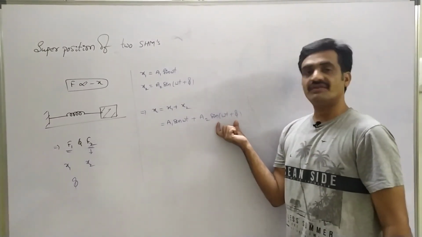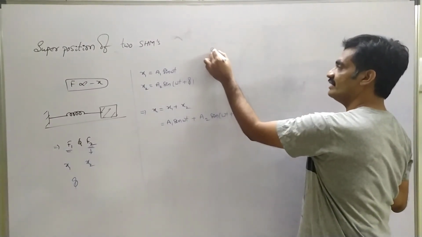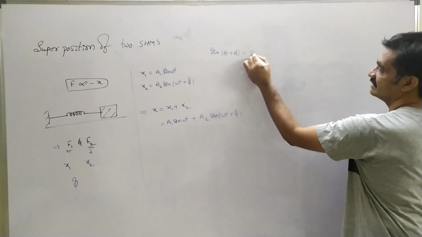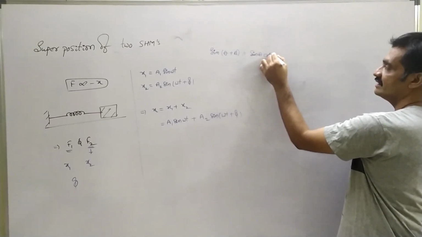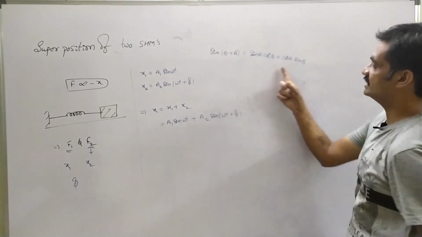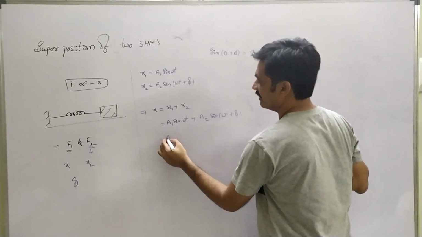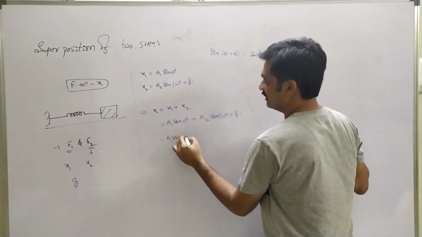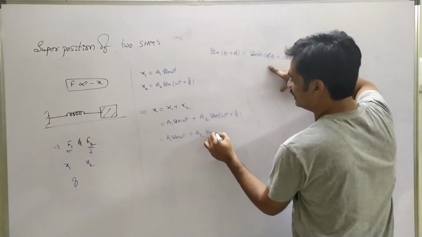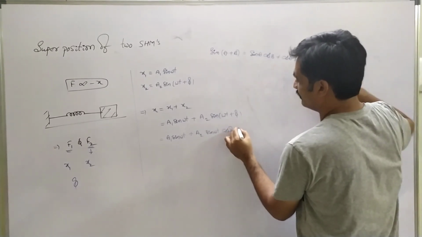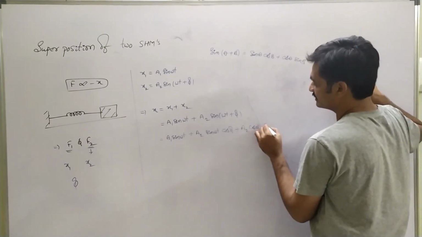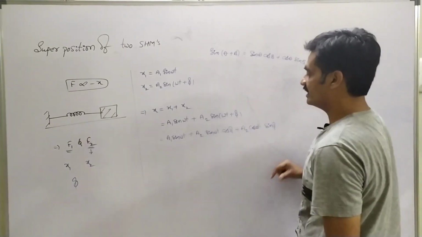Observe that x2 is in the form sin(a plus b), and we know that sin(a plus b) equals sin a cos b plus cos a sin b. So we can split this equation in this form: a1 sin omega t plus a2 sin omega t cos pi plus a2 cos omega t sin pi.